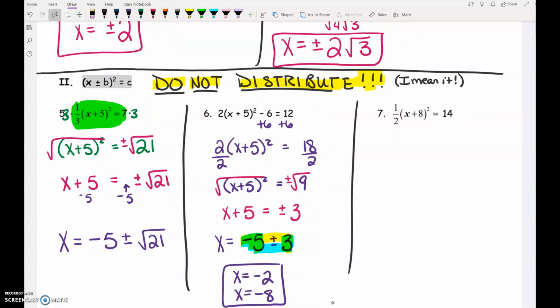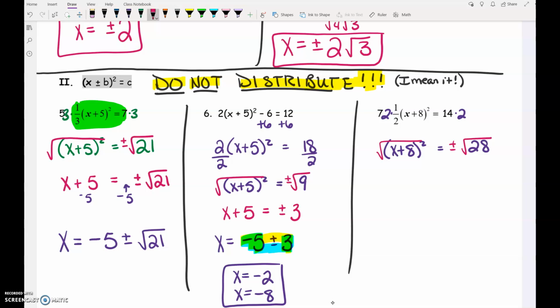Okay, let's do number 7 fairly quickly. Multiply by 2. So x plus 8 squared equals 28. So I need to simplify the square root of 28.